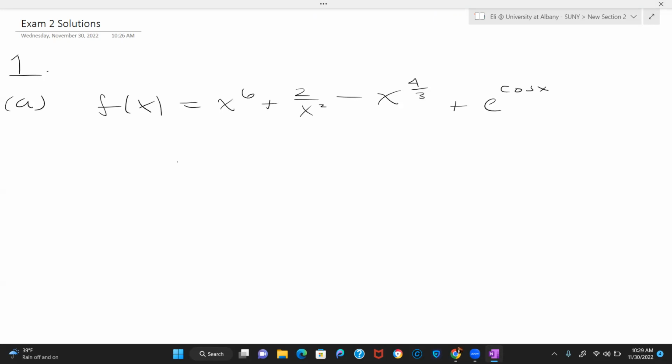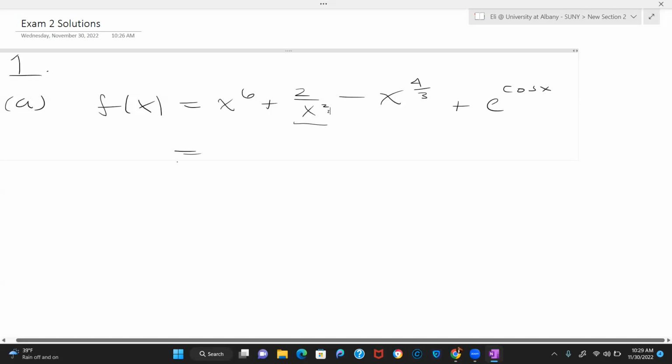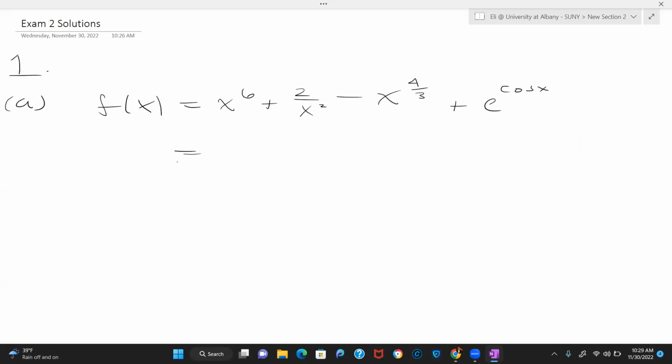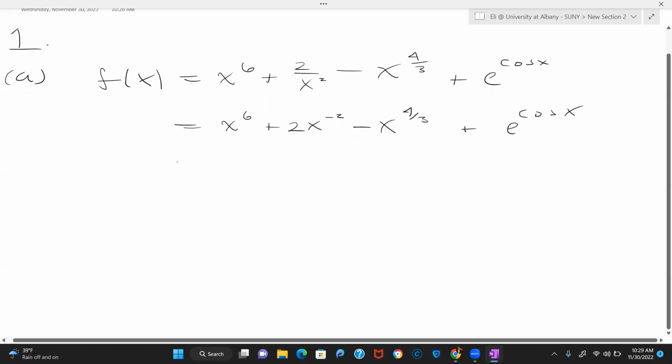So I'm going to first just write this term as x to some power. And then I'll take the derivative. So it's going to be 2x to the negative 2 minus x to the 4/3 plus e to the cosine x.